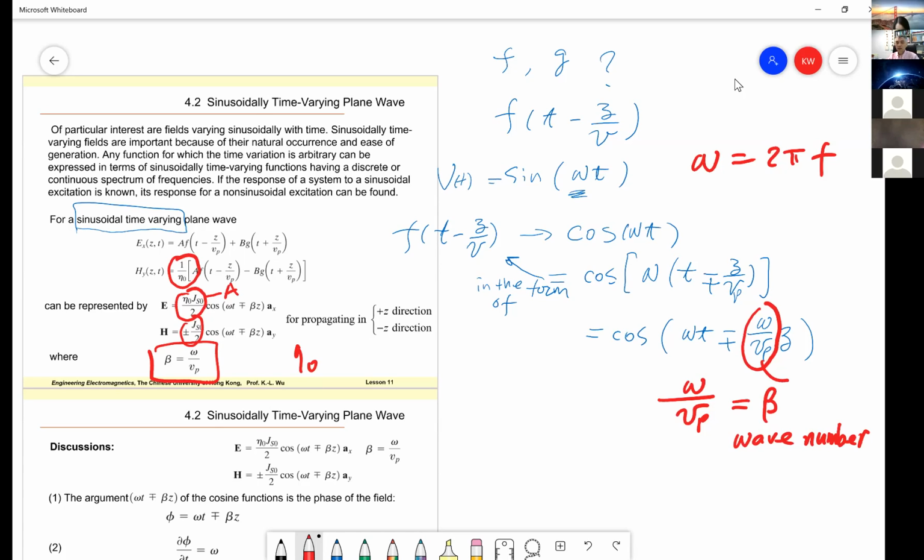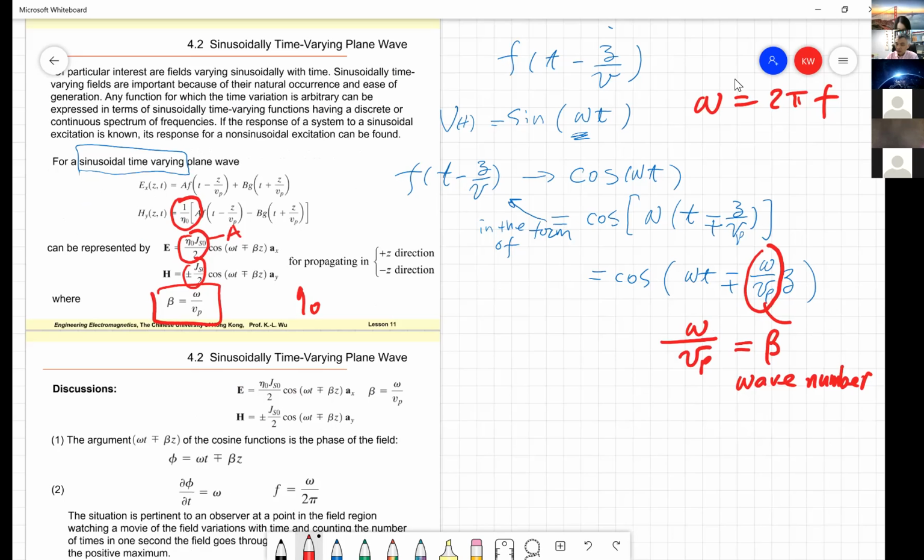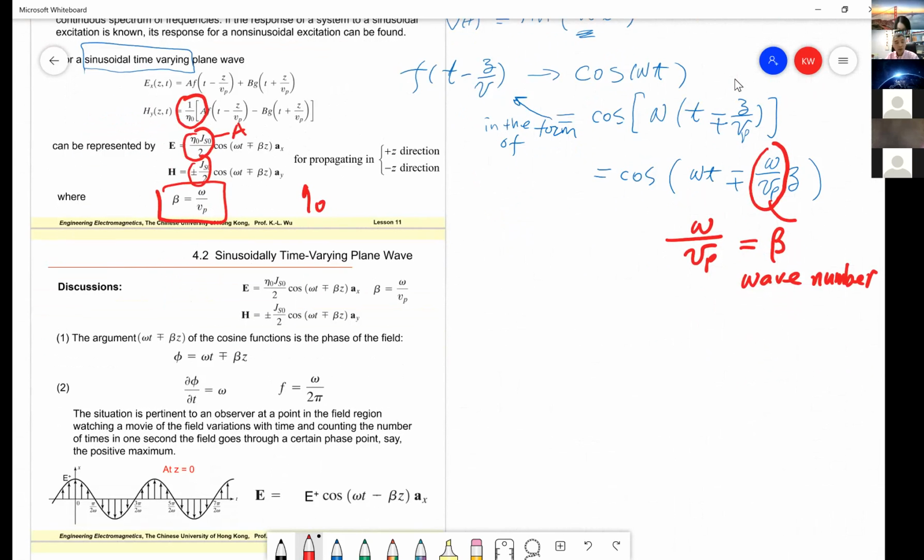This is the magnetic field. So this is a very special case of the Maxwell equation solutions when the signal changes with time sinusoidally. This is also the form we will spend most of our time discussing.